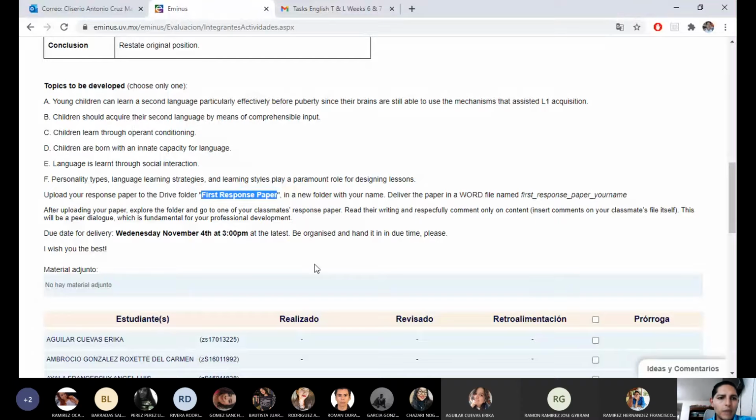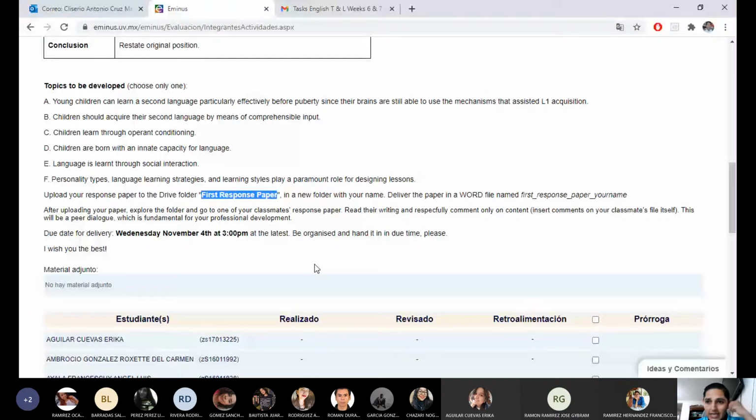After loading your paper, explore the folder and go to one of your classmates' response papers. Click it there, explore one paper, read the paper, and respectfully comment only on content. Okay? Content related information only. Insert comments on your classmate's file itself.